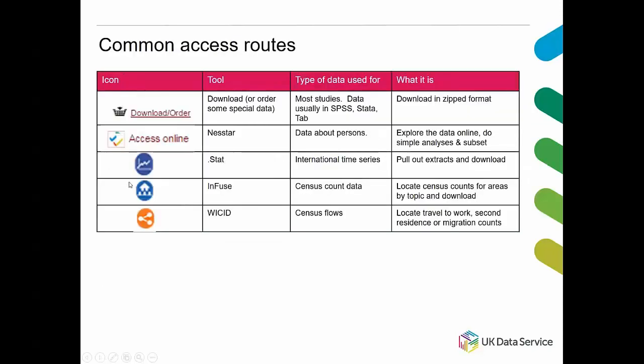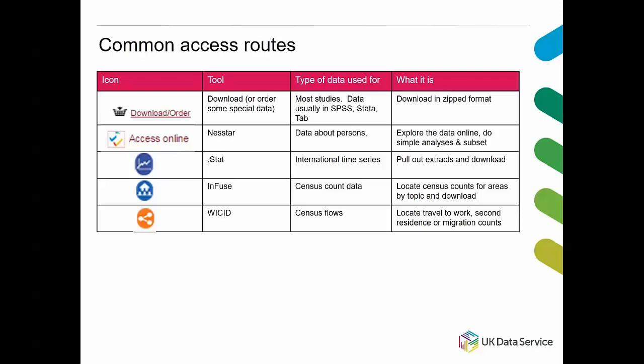These are our most common routes of accessing the data. So first of all, obviously you can download the data. The data can be downloaded in all the main formats suitable for quantitative analysis. You can access data in SPSS, Stata, and tab delimited format. Next, some of the main studies we hold can be accessed online via our Nesstar software.